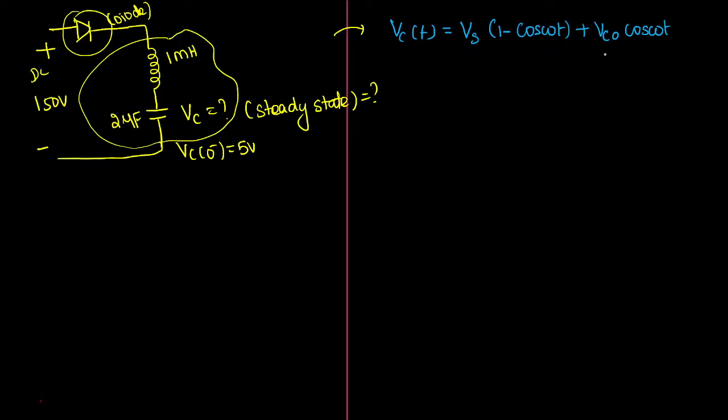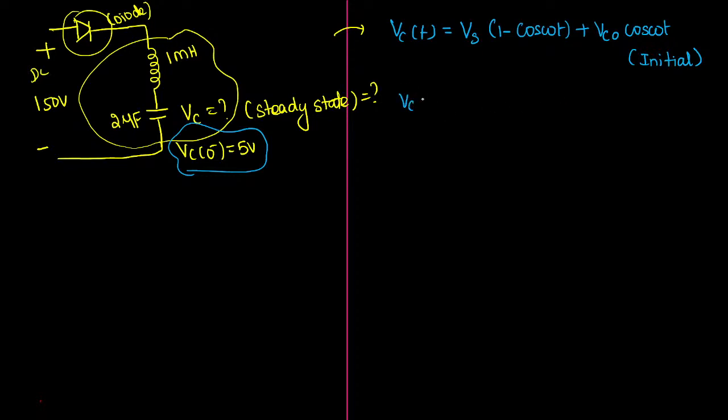See, if the initial voltage is given, then you have to consider it. So here I am considering the effect of initial voltage. Now in your examination, if there is no information about the initial voltage, and sir, if it is not given, then what should I do? Make or assume that the value is 0.